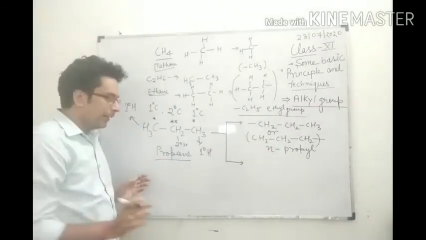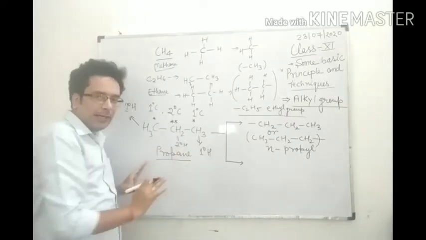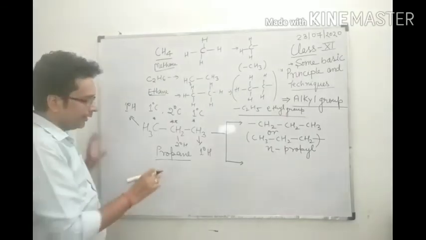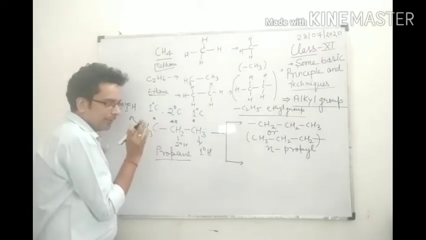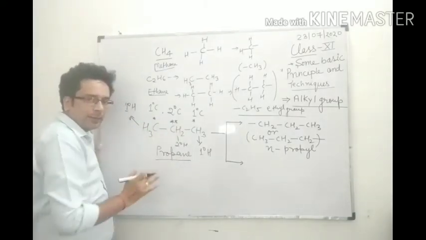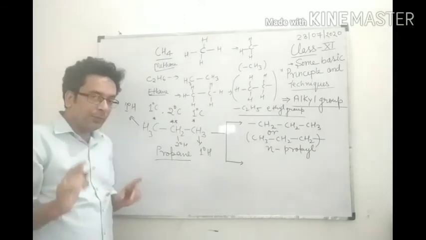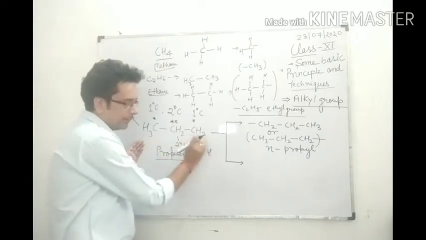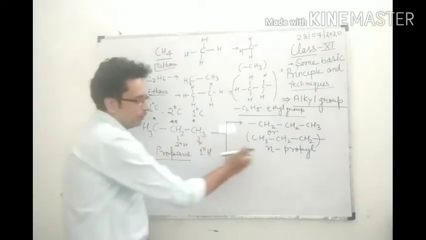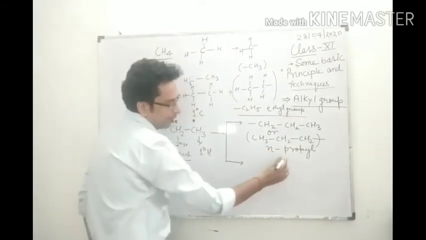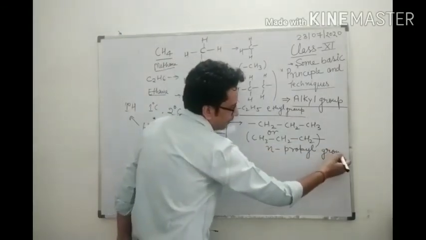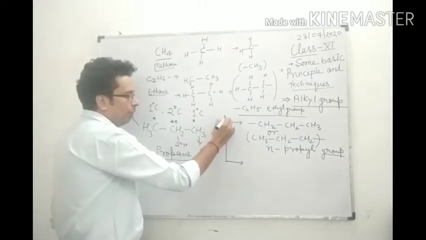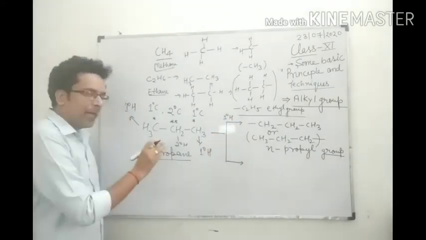Look here once again, this is propane, and if we remove one hydrogen, then the group obtained is propyl. Clear? But look here, there are two types of carbon, primary carbon and secondary carbon. When we remove a primary hydrogen, we get a straight structure, so we obtain the normal propyl group, by the removal of a 1 degree hydrogen from a primary carbon.